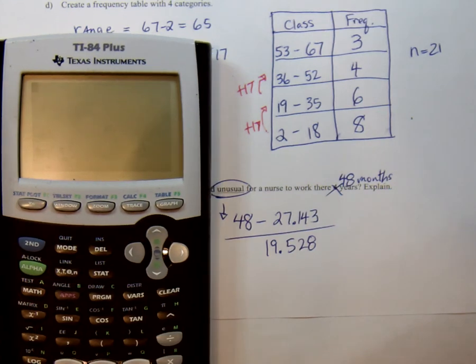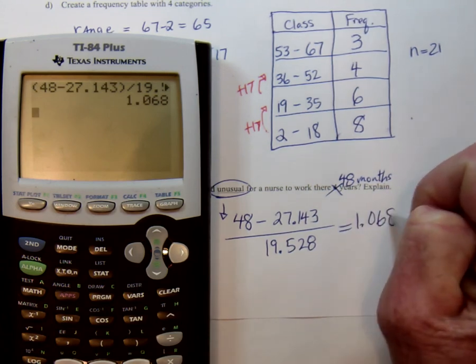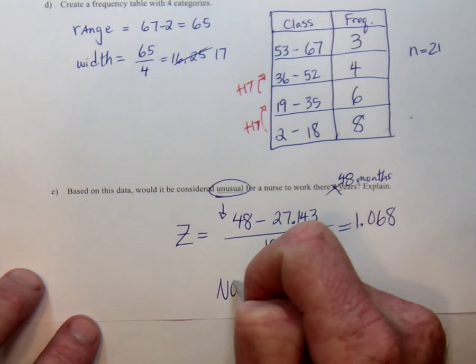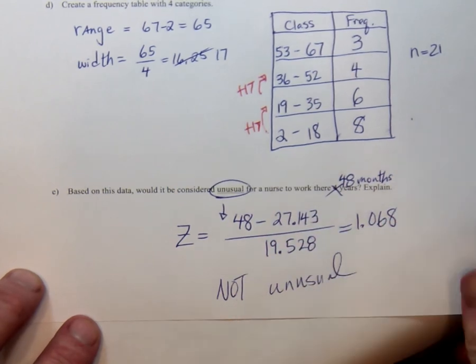So 48 minus 27.143 divided by 19.528 is 1.068. The magic cutoff is the number 2. If it's above 2, it's unusually high. This is not unusual. It's not above 2. All right, now let's move on to page 2.